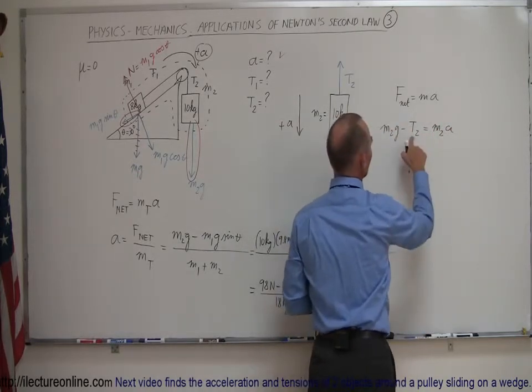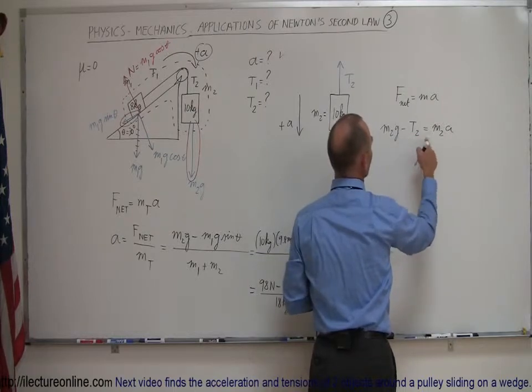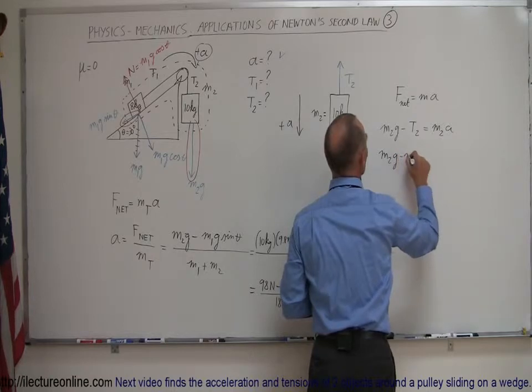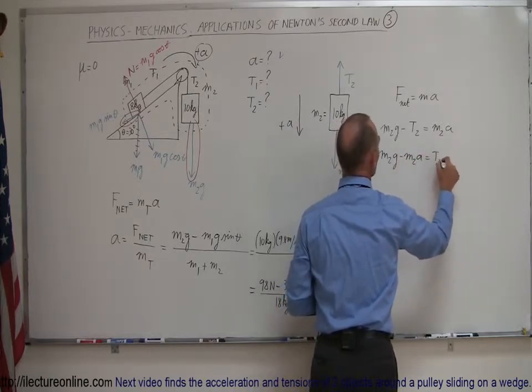And so therefore, if I solve this for t2, if I move this over there and move this over here, I get m2g minus m2a equals t2.